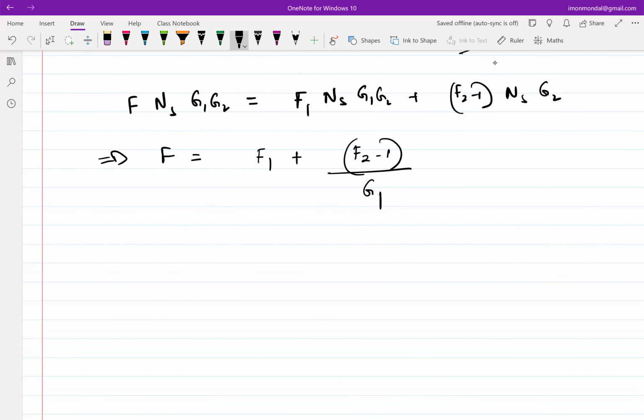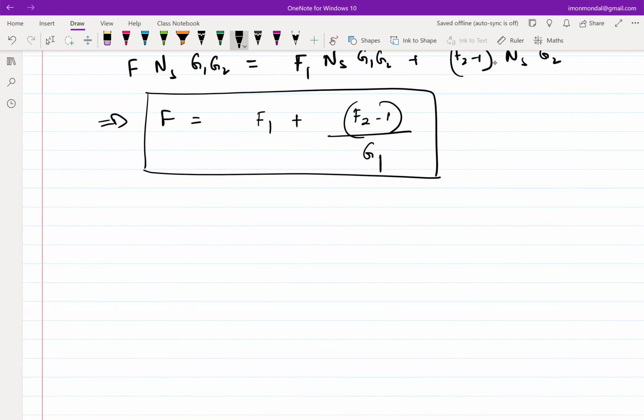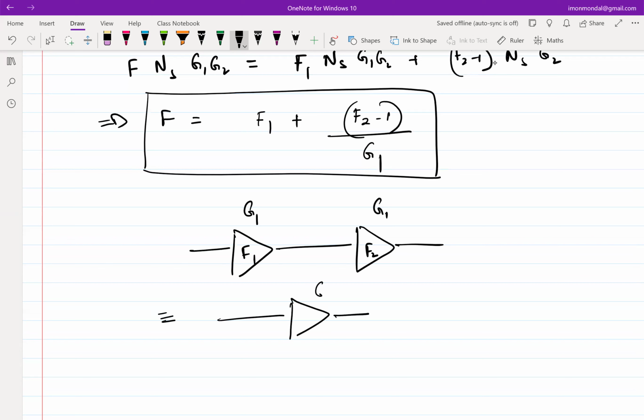This is essentially telling us that if you have two systems, one with gain G1 and noise factor F1, and one with gain G2 and noise factor F2, you can replace this with a single system of gain G1, G2 and noise factor F1 plus F2 minus 1 over the gain of the first stage.